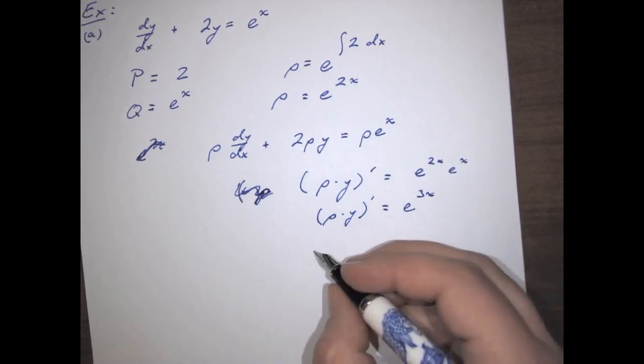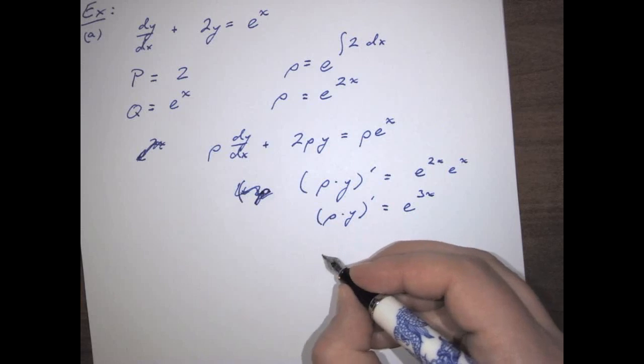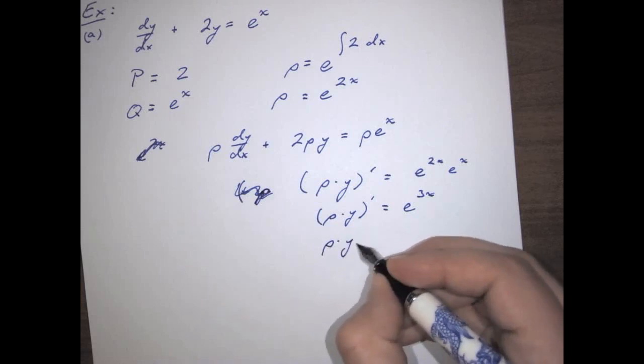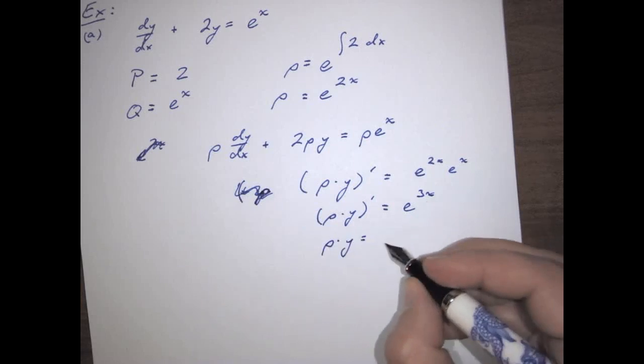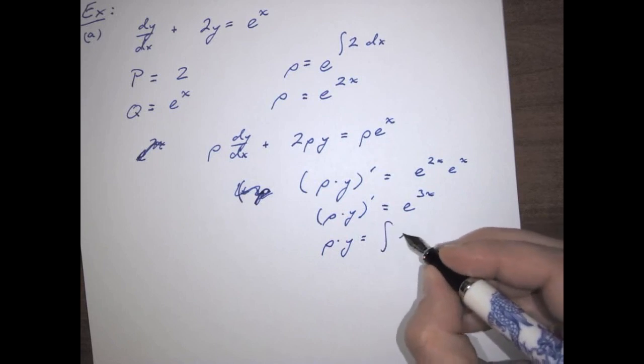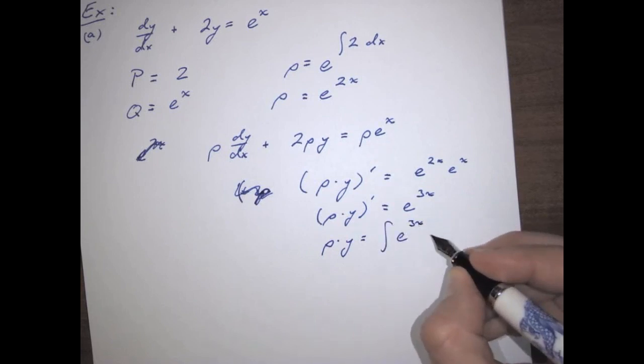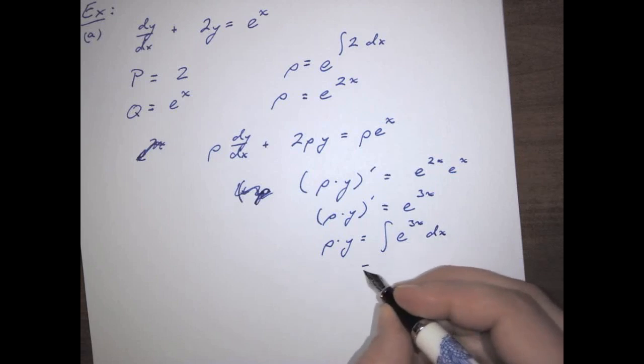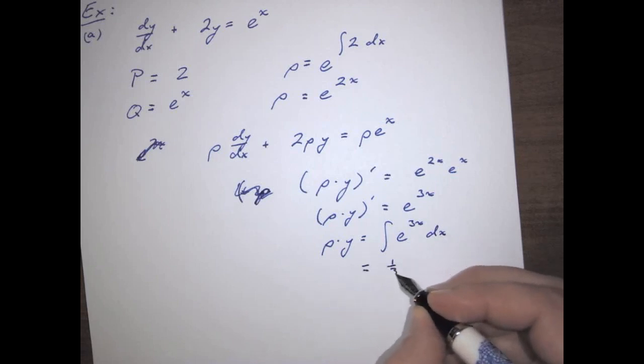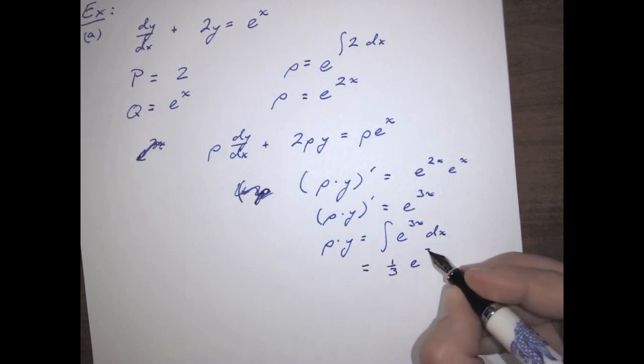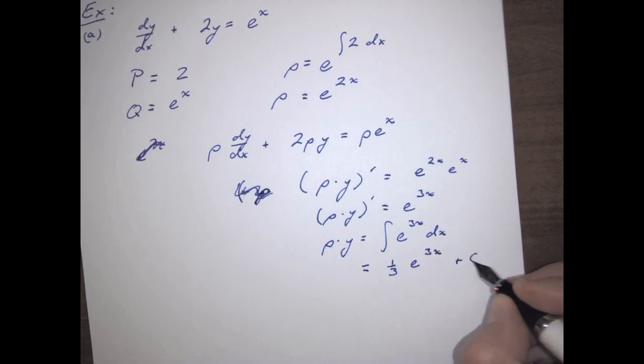Now I want to take the antiderivative of both sides. So that means that rho times y is equal to the antiderivative of e to the 3x dx, which is going to equal 1/3 e to the 3x plus c.